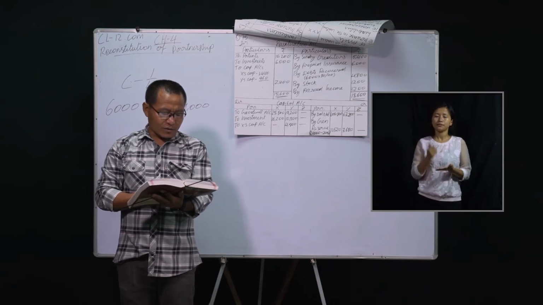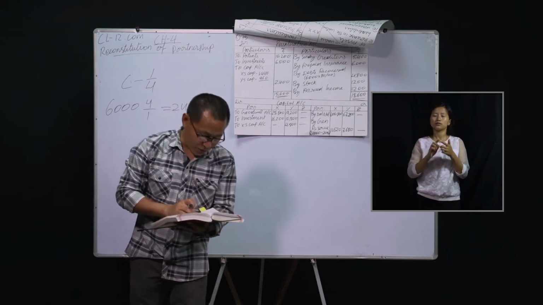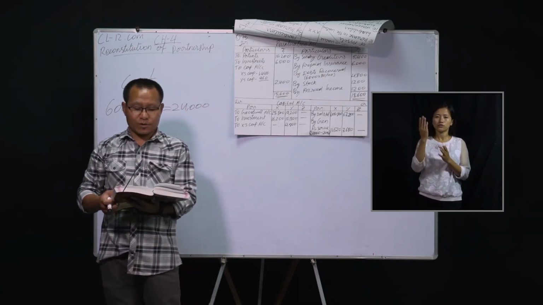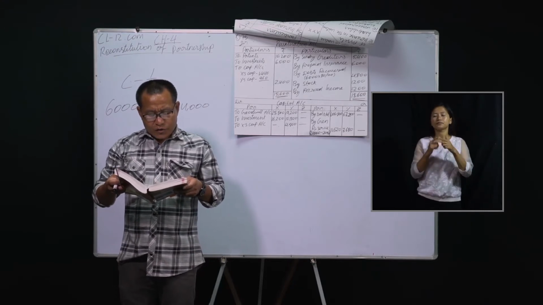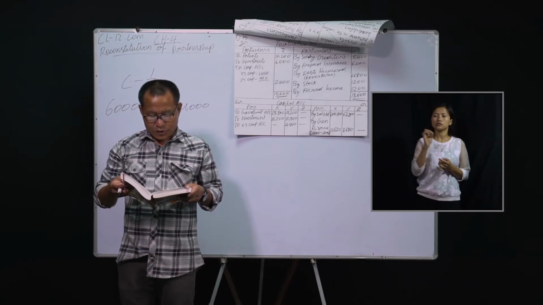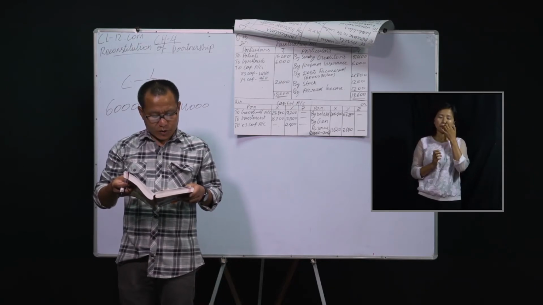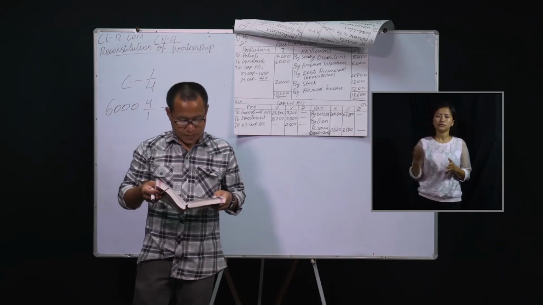They decide to admit Z on that date for 1/4 share on the following terms. A. New profit sharing ratio will be 6:9:5. Z is to bring in capital equal to 1/4 of the total capital of the new firm.